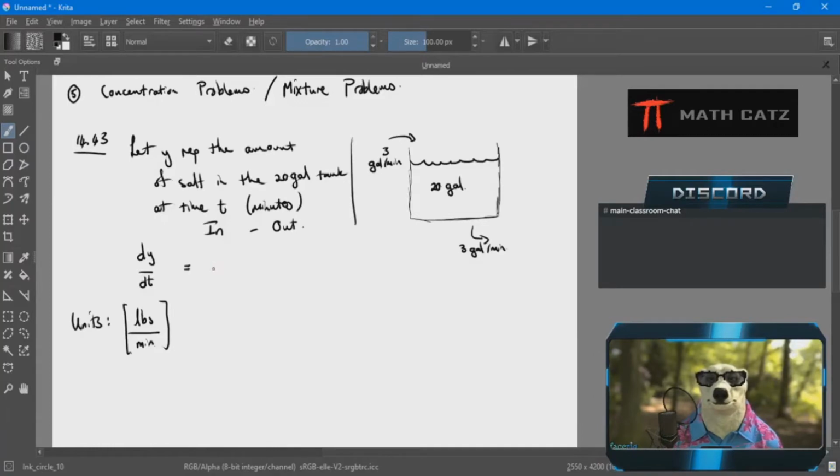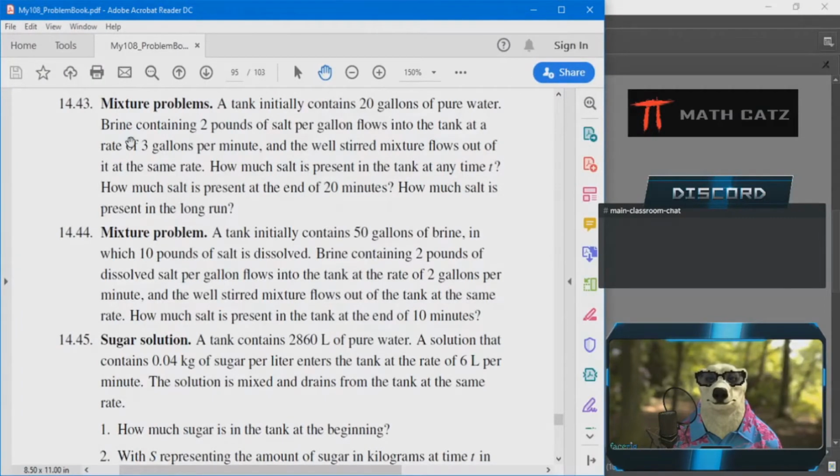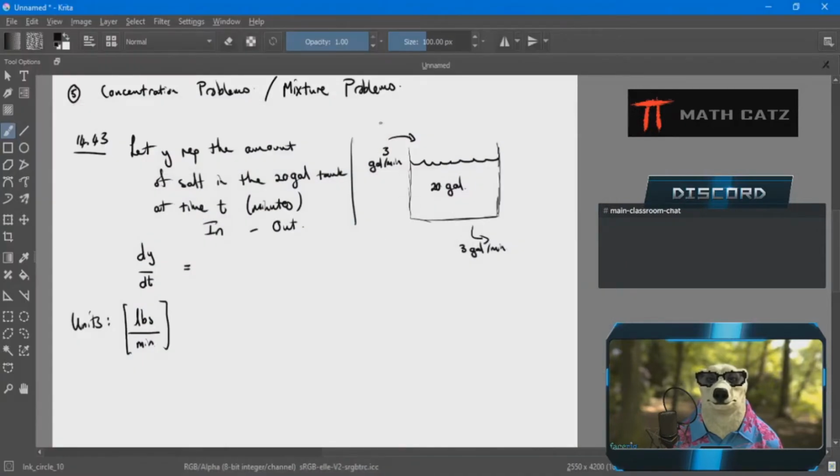Okay. Now, how much salt is coming in? Well, they say brine containing 2 pounds of salt per gallon. So now I have here pounds per gallon. I'm going to have to multiply that with gallons per minute to get the pounds per minute unit.